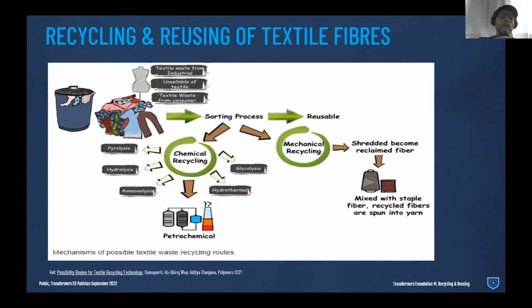Something that I want to remind you as well is that there are different types of feedstock and different types of recycling. So when you have waste, you will hear that some waste is post-industrial waste and other is post-consumer waste. Post-industrial waste is what the mill has generated in terms of cutoffs, remains from the weaving.